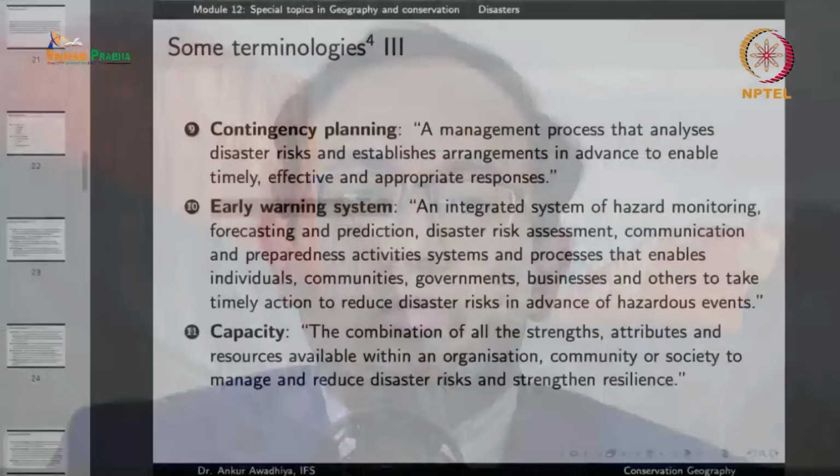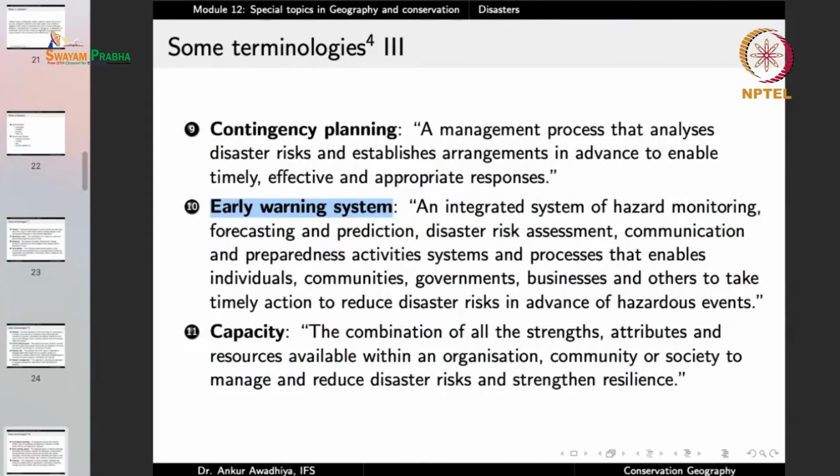And this will be accompanied by suitable communication mechanisms so that this information is transmitted to those that need that information in a timely fashion. And then it will become an early warning system. So it is an integrated system because you have several parts like simulation, like monitoring of the river, like communication systems.